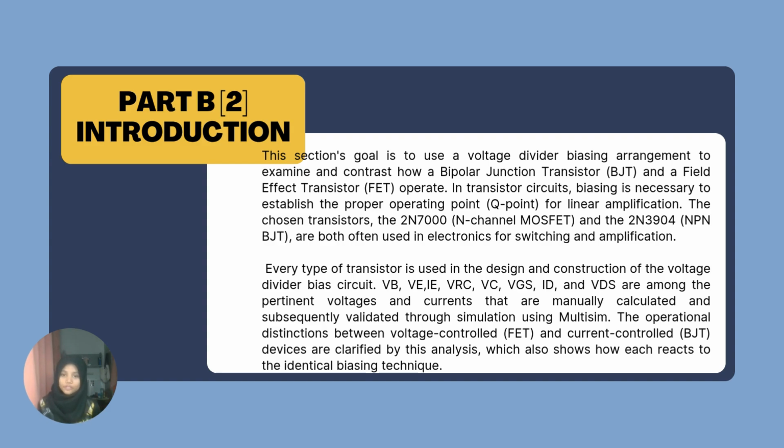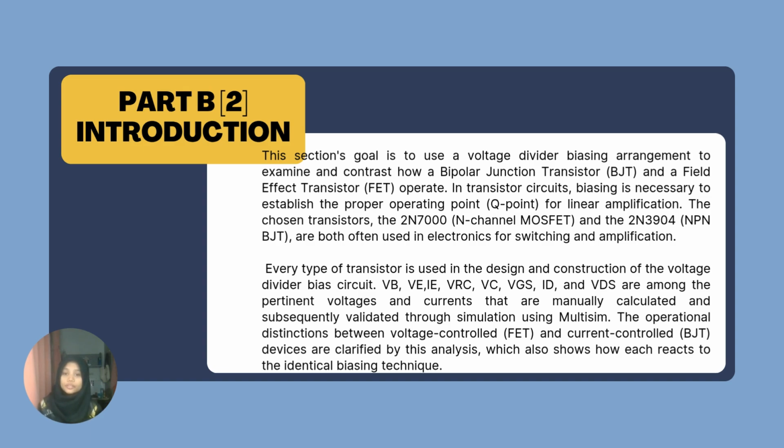Every type of transistor is used in the design and construction of the voltage divider bias circuit. VB, VE, VRC, VC, VGS, ID, and VDS are among the pertinent voltages and currents that are manually calculated and subsequently validated through simulation using Multisim.